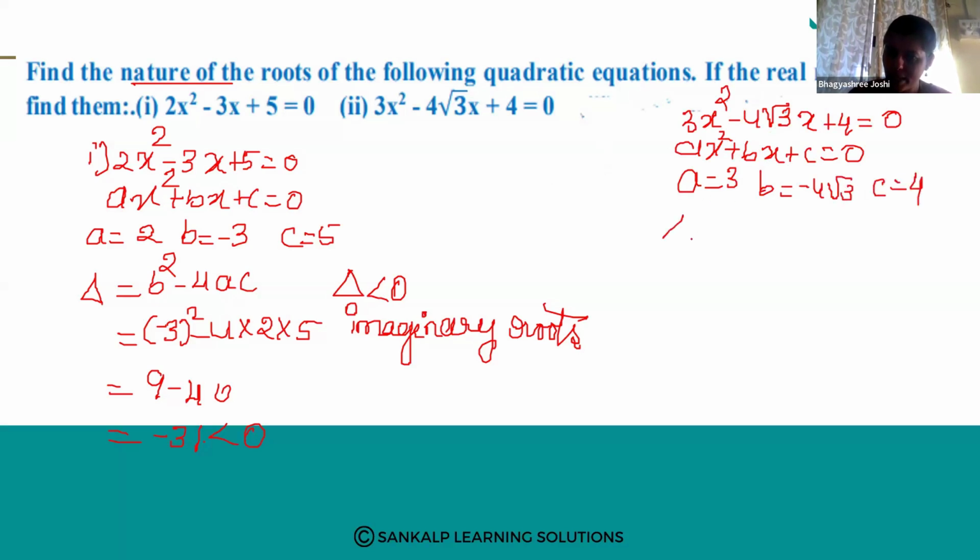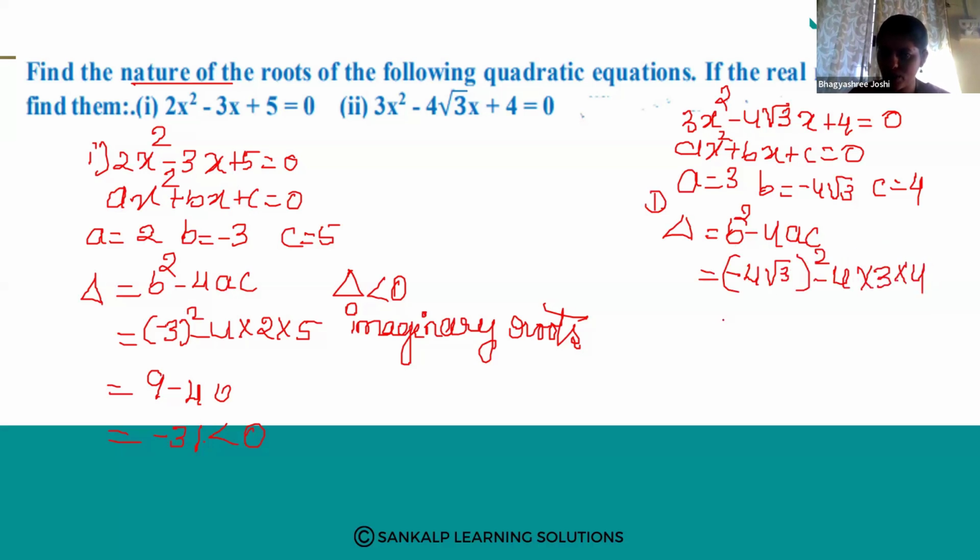Now discriminant delta is equal to b square minus 4ac. Here you can use D also. D is equal to b square minus 4ac. So what is the value of b? Minus 4 into root 3 whole square minus 4 into a value 3, c value 4.